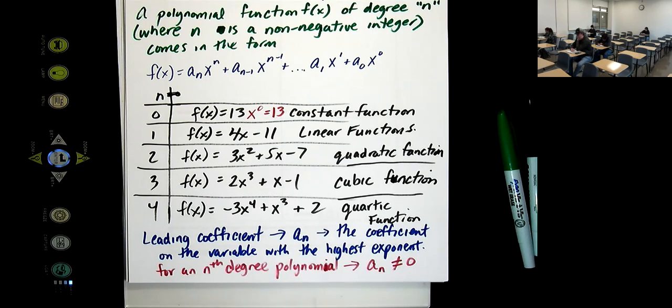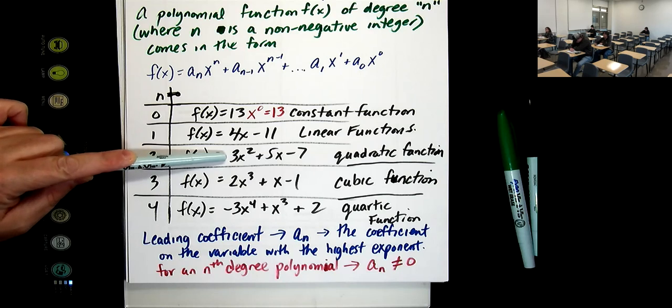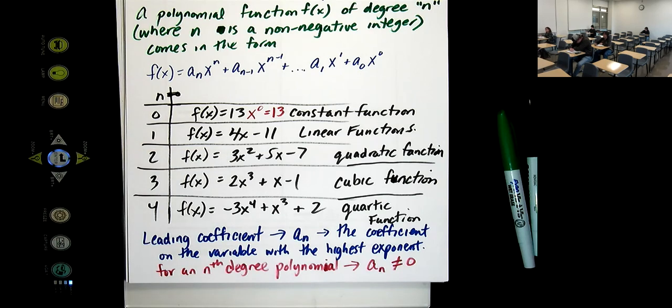If I do, it's just an n minus 1 polynomial. Like I can't call this a quadratic if I have a 0 on the x squared. It's still a polynomial, it's just a lower degree.